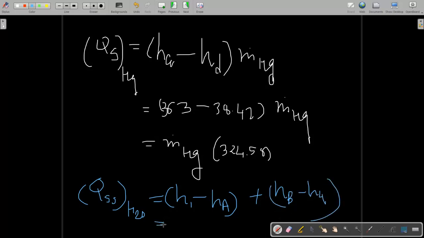When you put all the enthalpy values, you will find 415.4 plus 913.9. Sorry, I have taken this like 913.9 plus 415.4.